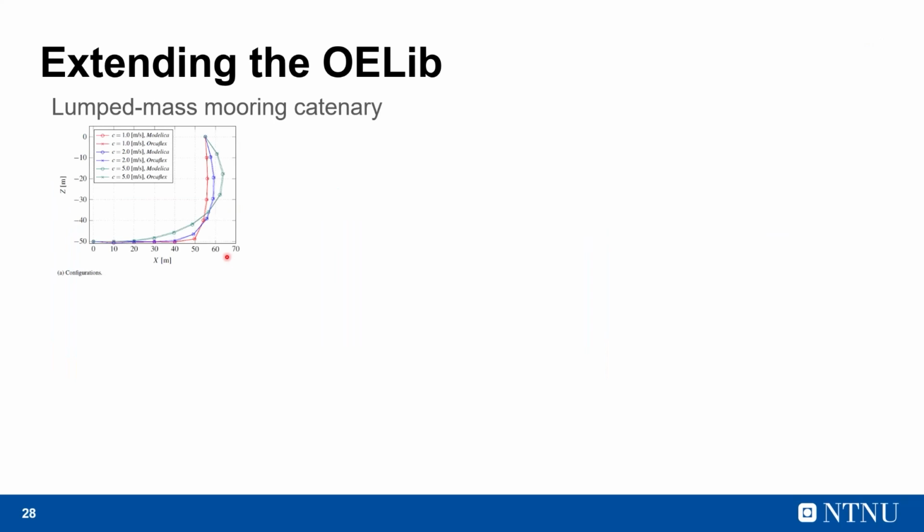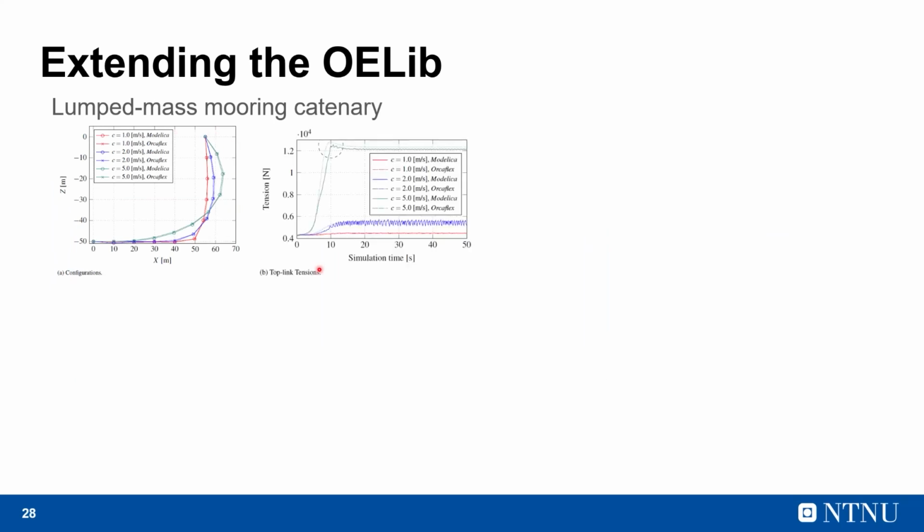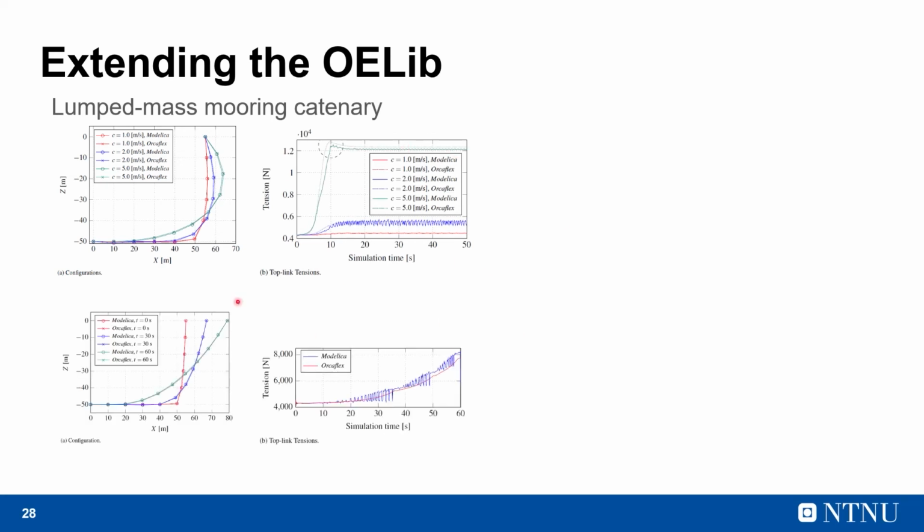This was presented along with implementation codes in both Modelica and Python, and we compare the results of the model with the results obtained using OrcaFlex, and we see satisfactory agreement.